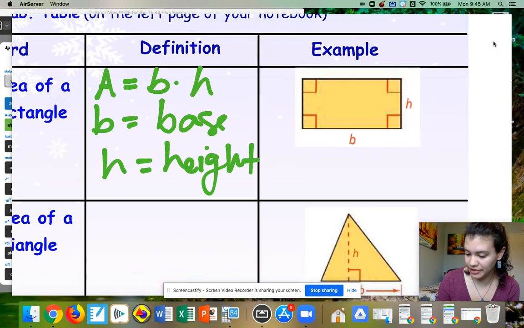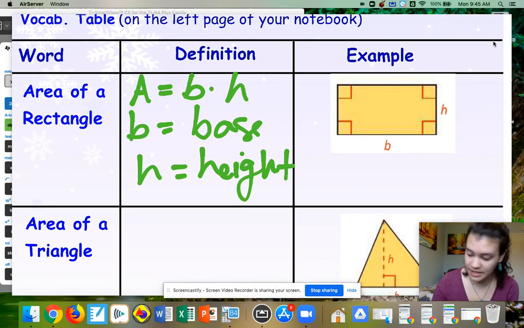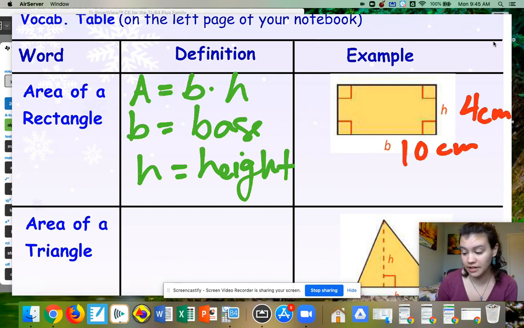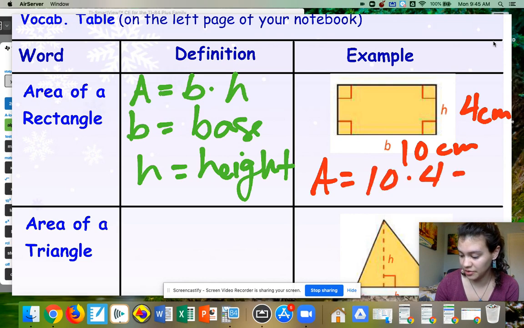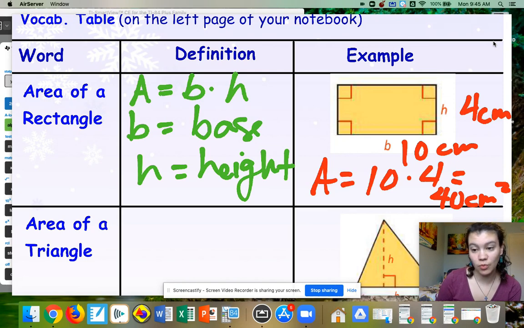The example over here, we're going to say the height is 4 centimeters and the base is 10 centimeters. So then if you're going to find the area, you want to multiply those two together. So 10 times 4 to give you 40 centimeters squared. You want the squared because you have two different centimeters, so centimeters squared.